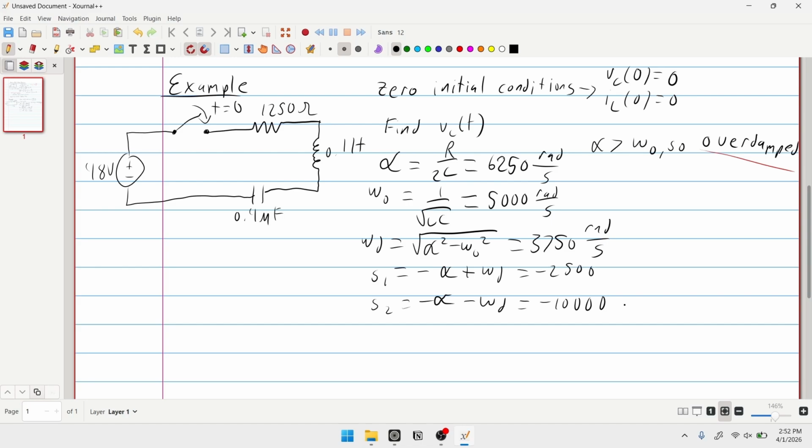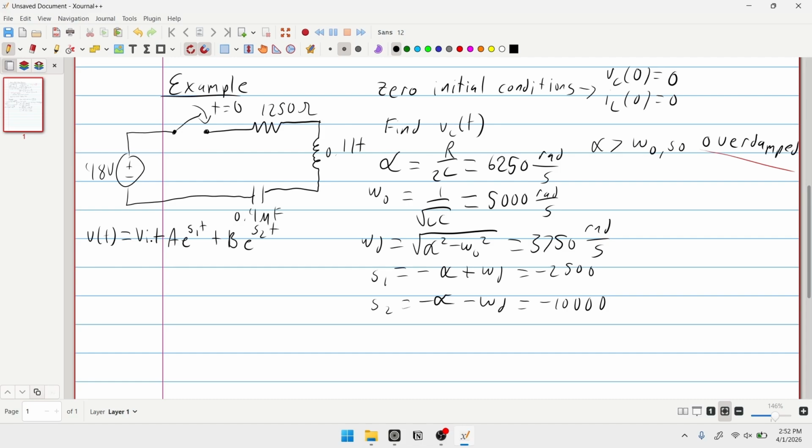So, knowing that it's overdamped, we know that the solution will take the form Vi plus the natural response form, which is A e to the s1 t plus B e to the s2 t.